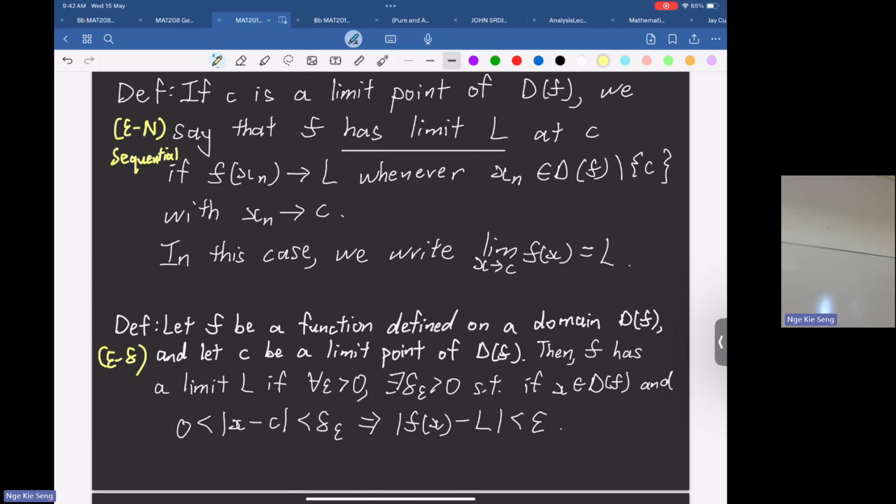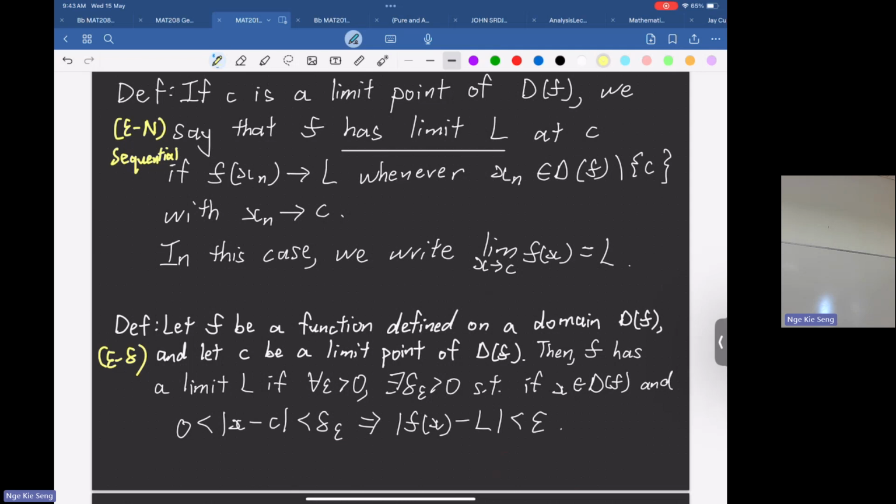Does it make sense? So the task I gave you is to prove the equivalence between these two. What I claim is that proving this equivalence is similar to proving the equivalence of epsilon n continuity and epsilon delta continuity. You should refer to that proof and then prove this one. It's the same.